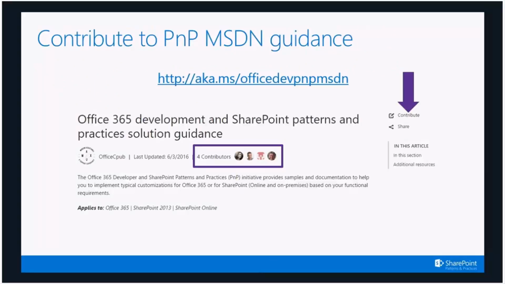Final things before we go to the demo section: contribute to PnP MSDN guidance. This is a really big thing. We're finally getting there, and this is now fully live. Every single PnP guidance article in MSDN has a contribute link. If you click that link, you land in GitHub on the corresponding MD file.